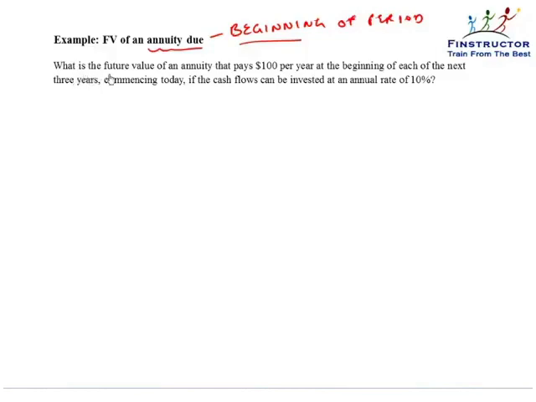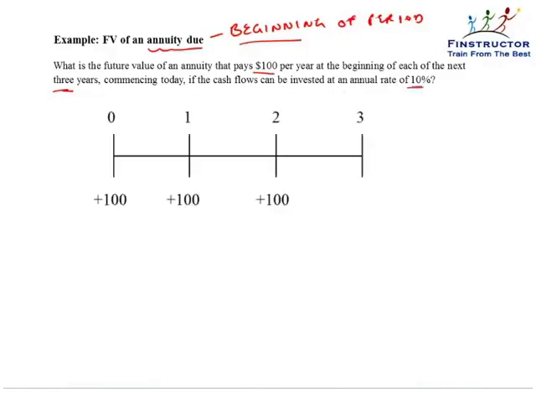So what is the future value of an annuity that pays $100 per year at the beginning of each of the next 3 years? So 3 payments are coming, but at the beginning of each of the 3 years, if the cash flows can be invested at a rate of 10%. So let's draw the timeline first.